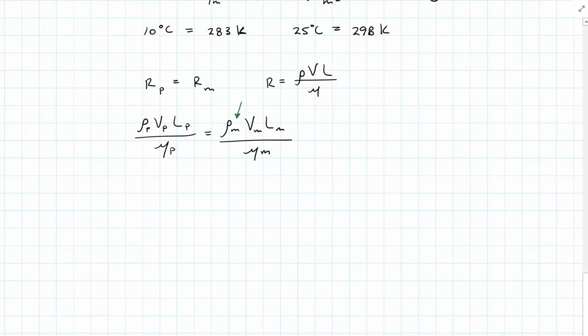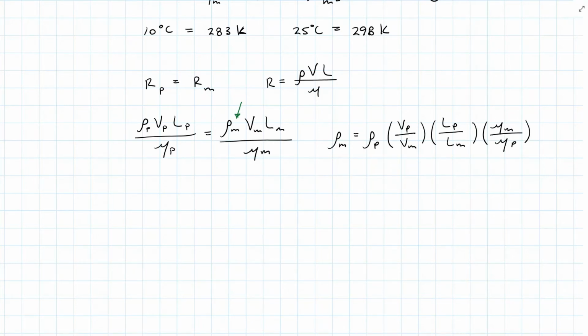So if I clean this up and solve for density and pair up my values, the density of the model is going to equal the density of the prototype times the velocity of the prototype over the velocity of the model, the length of the prototype over the length of the model, and the viscosity of the model over the viscosity of the prototype.